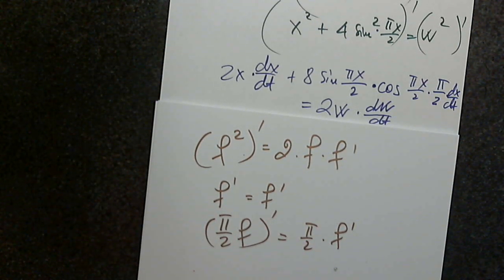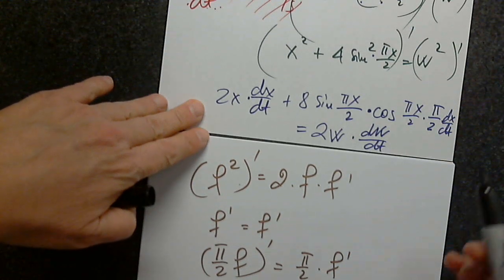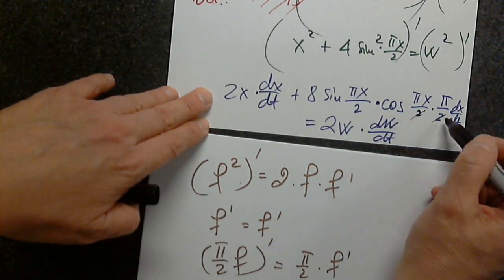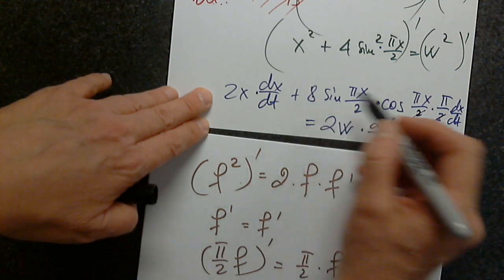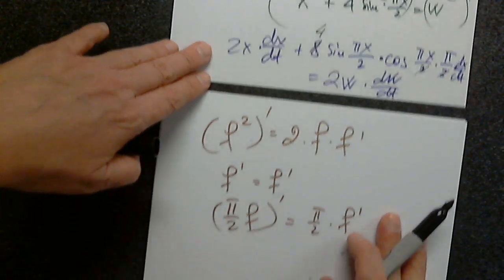Everything okay? Okay. So let's try to clean it up a little bit. 2 with 8, and I get a 4. So it's 4 pi.